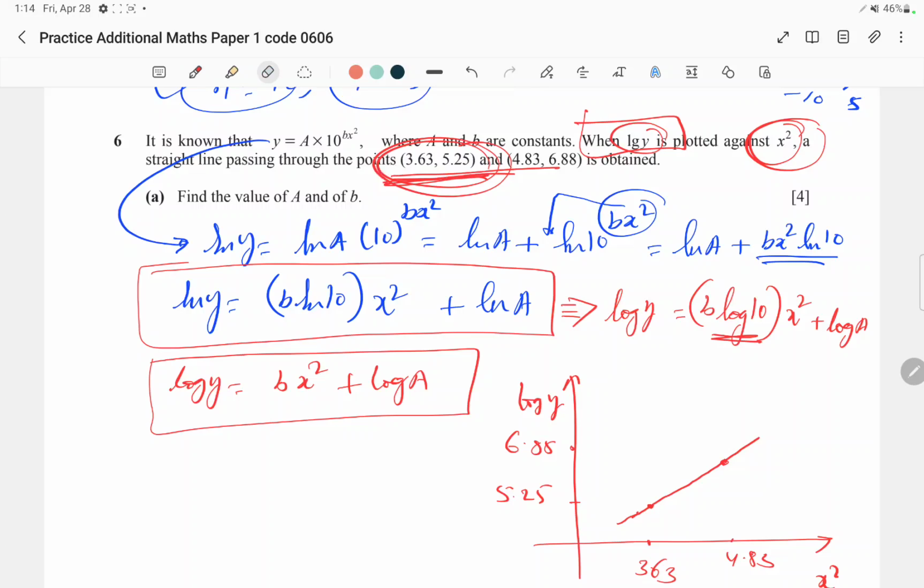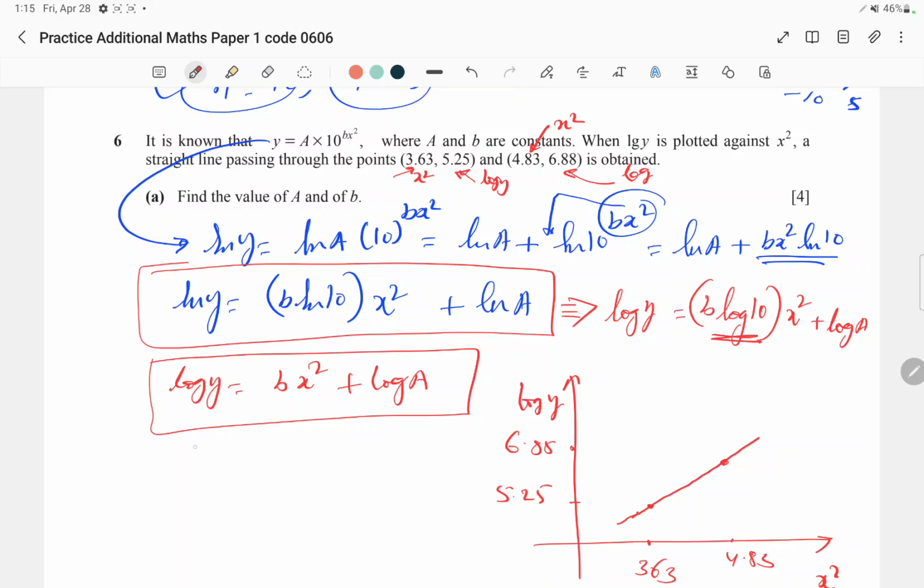You can understand over here, this is your x square and this is your log y. Again, this is x square and this is your log y.